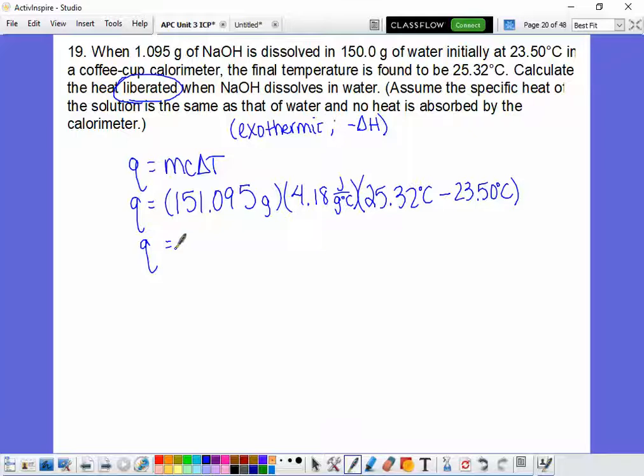Calculate Q. What do you get? So when we subtract our temperatures, it's limiting us down to 3 sig figs.